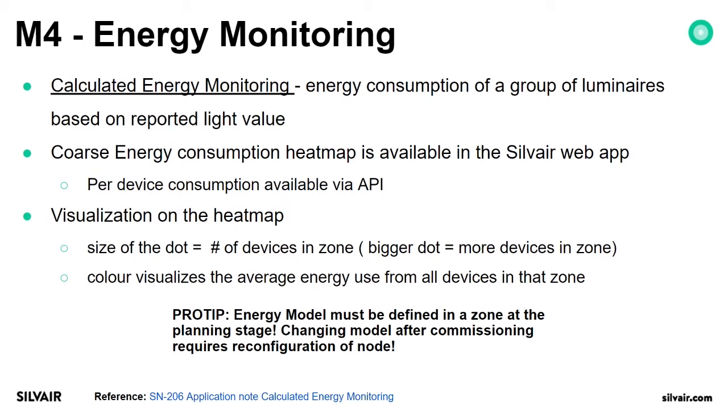Per device consumption in detail will be available through API with details. Also, there is visualization on the heat map. Size of the dot equals number of devices in zone. The bigger the dot, the more devices in zone. I will also present it later based on the example from our office.